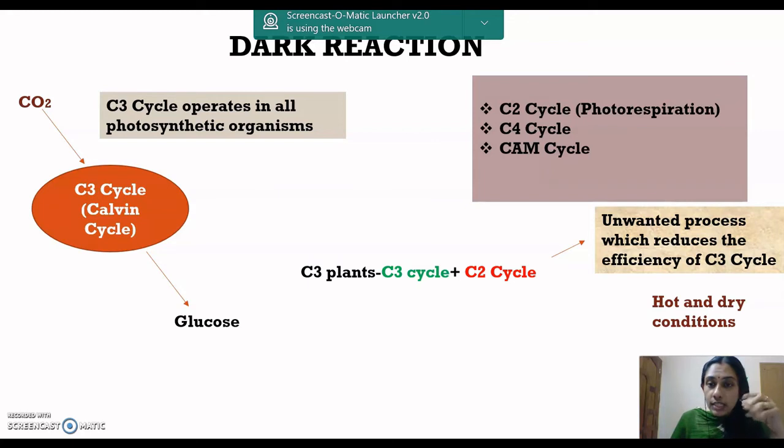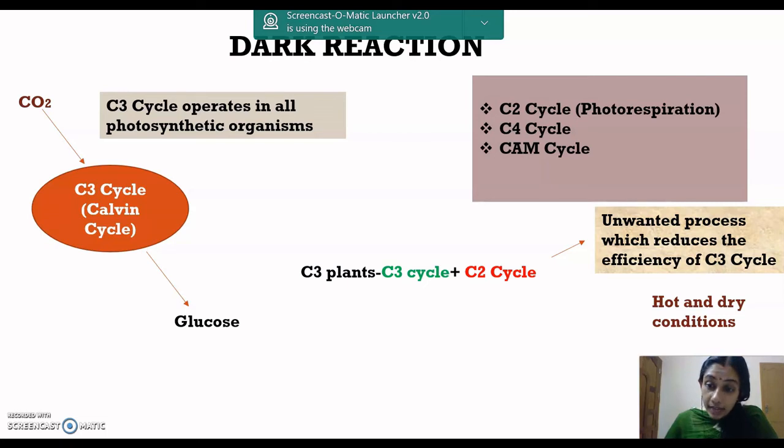So C2 cycle is an unwanted process which reduces the photosynthetic efficiency, but C3 plants can't avoid C2 cycle. It is metabolically added to C3 cycle. That is why C3 plants can't avoid this cycle, C2 cycle or photorespiration, because it is metabolically added.